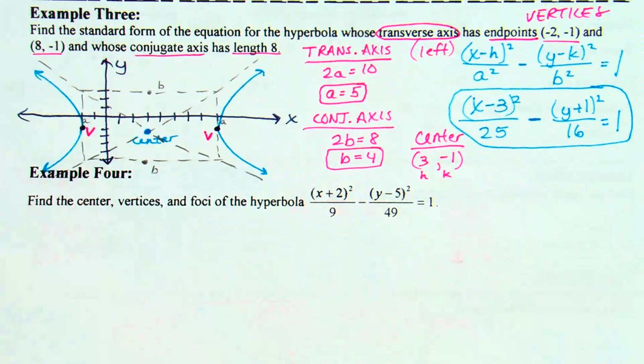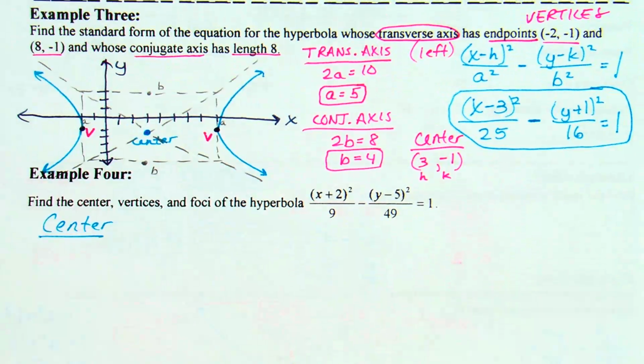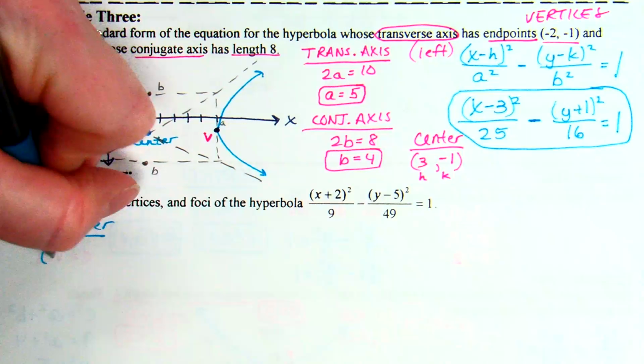So you don't even have to really identify. I was going to ask which column this is, but Mallory's all about telling me the center. So I agree. Can we go straight for the center? Center's going to be H and K. So what's my center? X has to be -2 and K has to be 5.